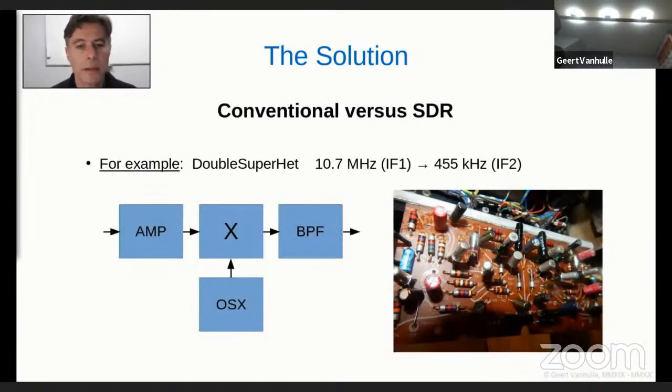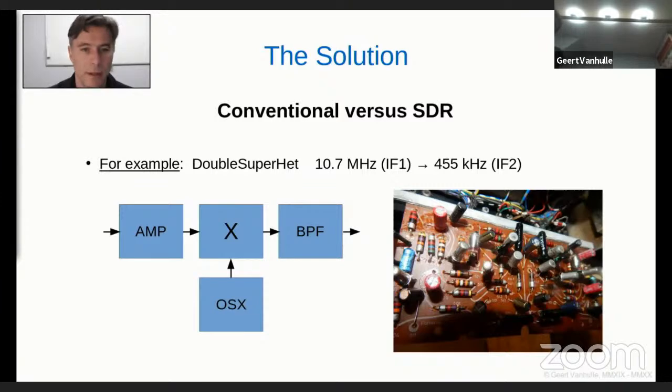If you compare that with a conventional receiver, just to give an example of what the benefits could be and how this processing can save a lot of hardware and components: a double heterodyne receiver has a converting stage from a first IF frequency to a second IF frequency, typically 10.7 megahertz down to 455 kilohertz.